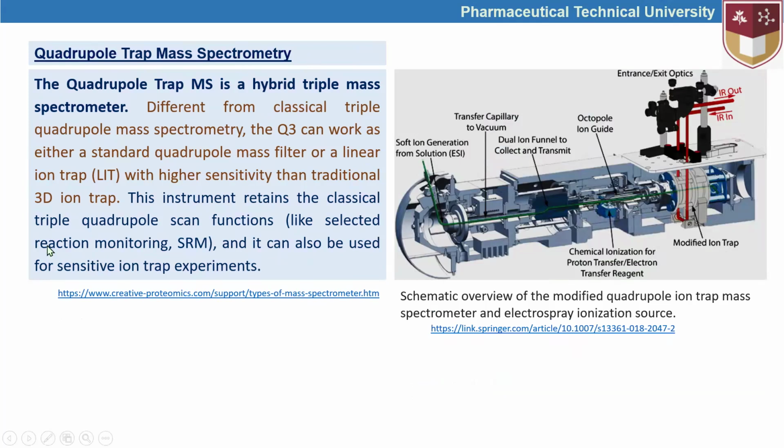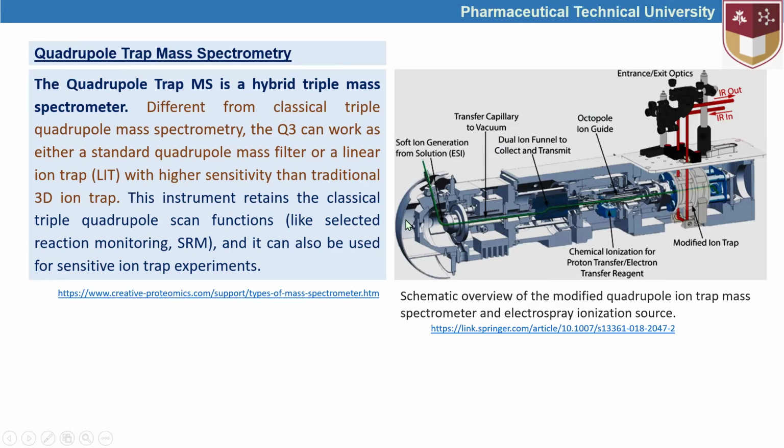And another one that was provided with tandem is the quadrupole trap mass spectrometer. The quadrupole trap mass spectrometer is a hybrid triple mass spectrometer, different from classical triple quadrupole mass spectrometry. The Q3 can work as either a standard quadrupole mass filter or a linear ion trap with higher sensitivity than traditional 3D ion trap.